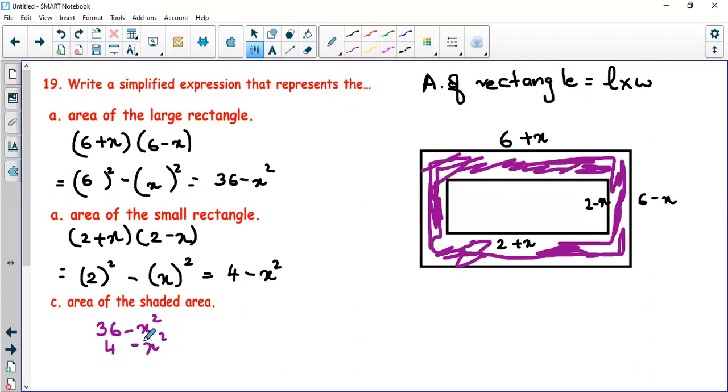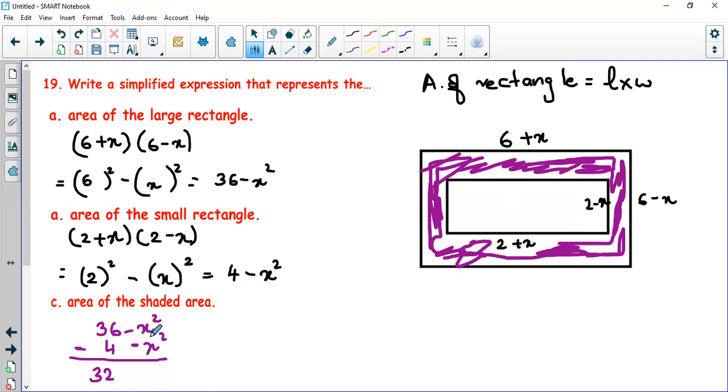How are you going to solve this kind of question? Simply subtract them. 36 minus 4 will give you 32. Now minus x squared plus x squared is 0. So the answer for the shaded area is going to be 32.